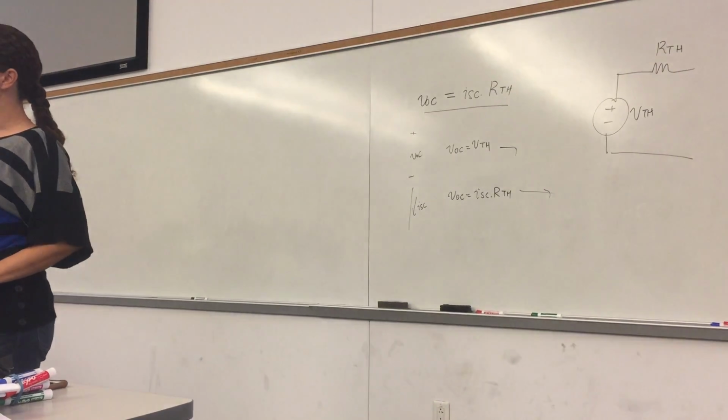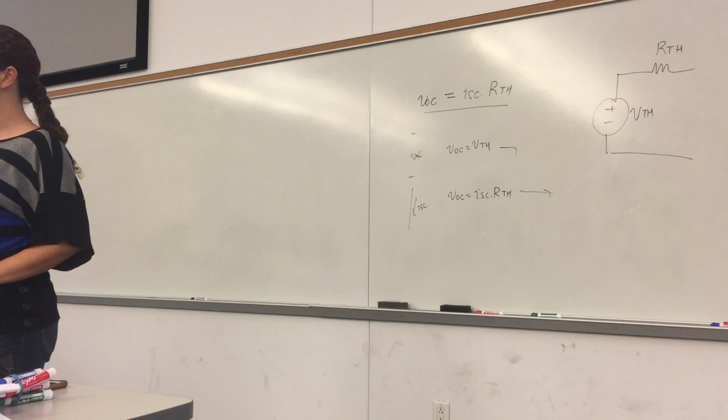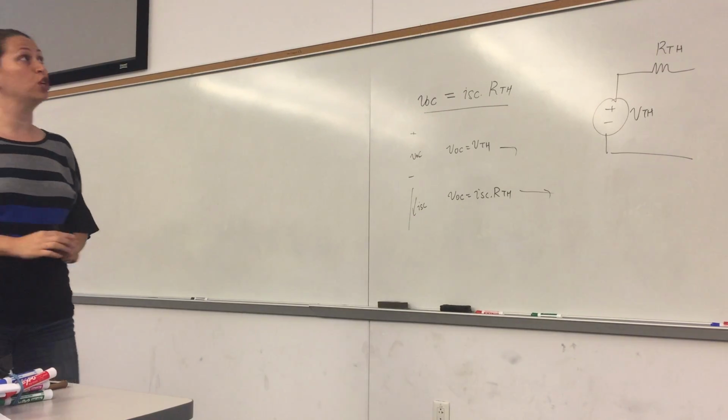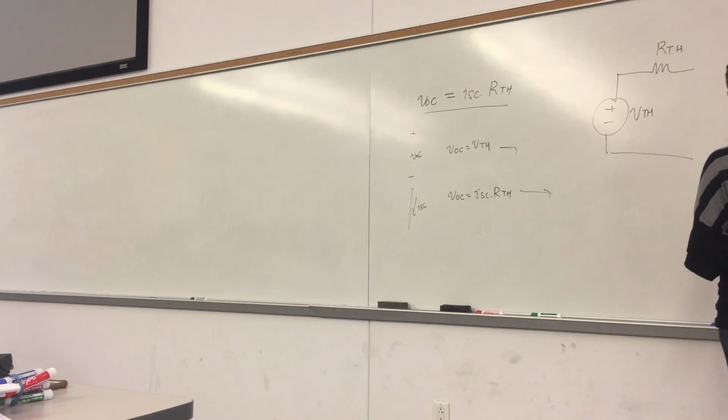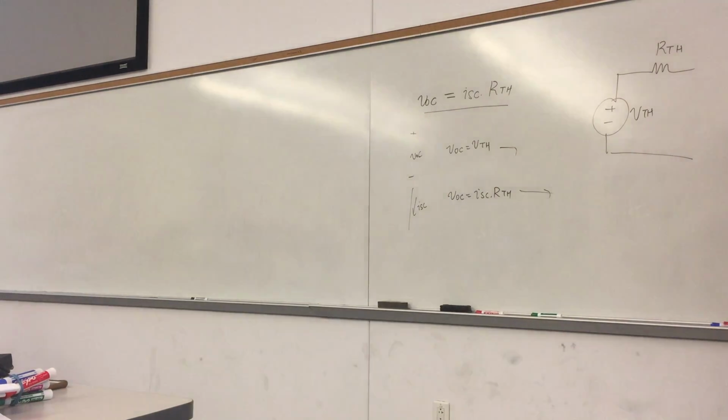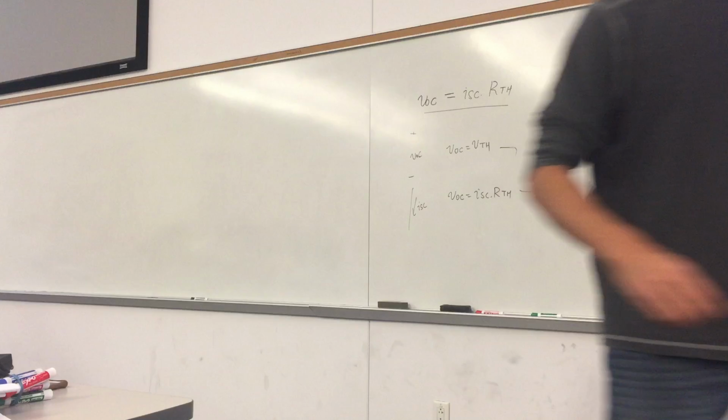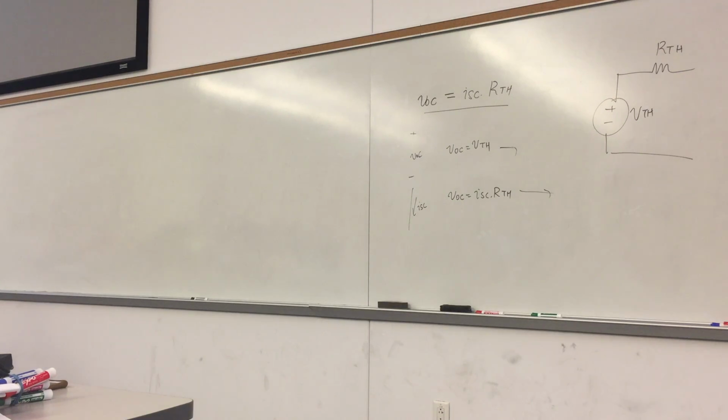And this brought us to the fact that if you take any random circuit, which could have dependent sources and resistors together, this is circuit 1, this is circuit 2, and circuit 2 is just a single resistor.